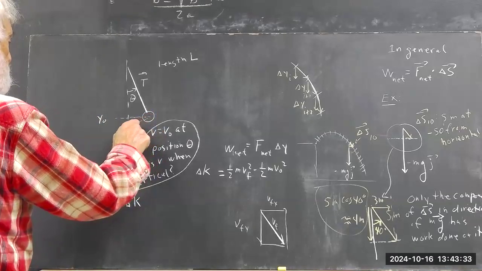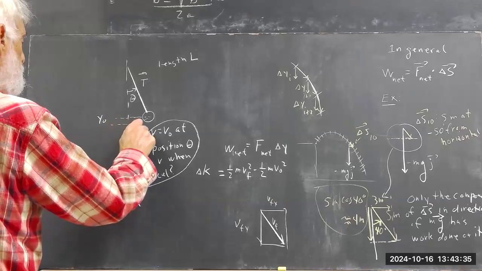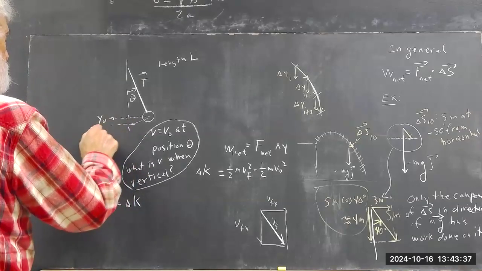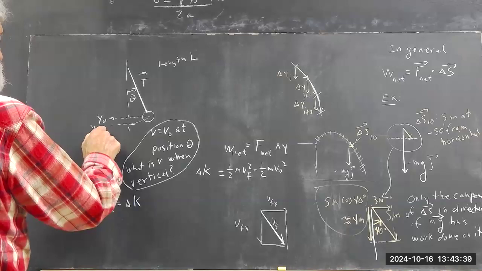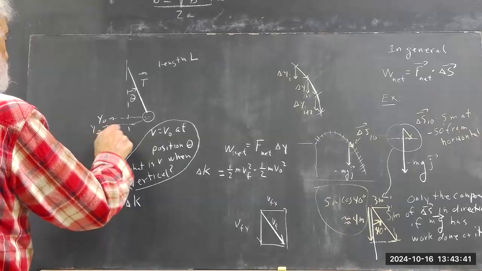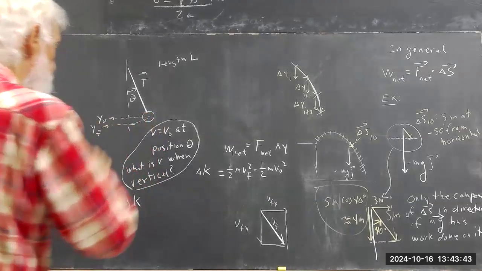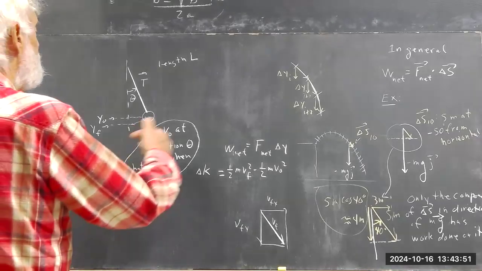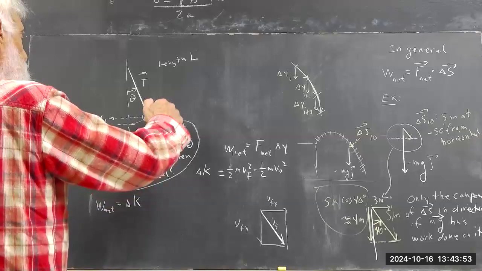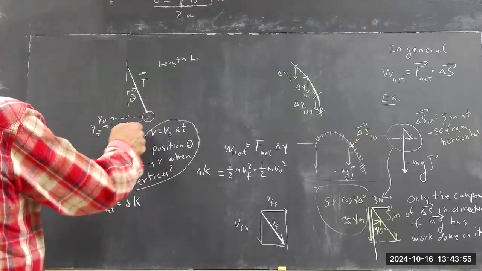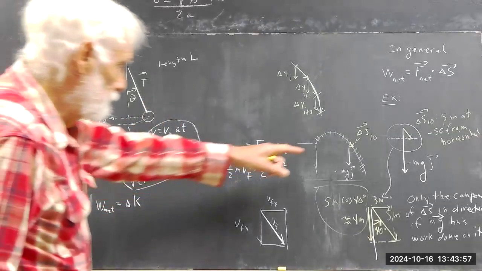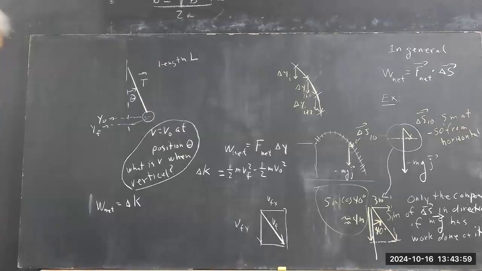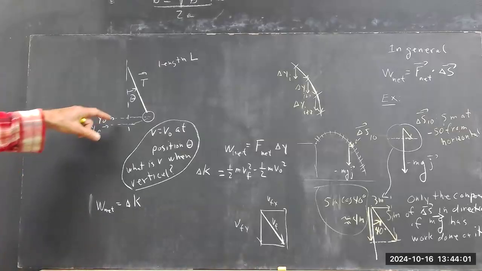When it swings down, it's lower than it was here. Now the motion is mostly back toward the equilibrium position, but it is also getting lower. It's analogous to this situation, but the only thing that matters is your change in y.